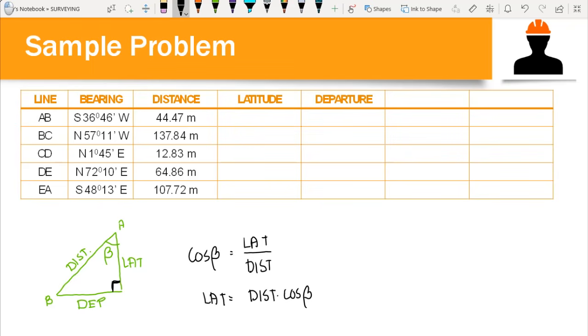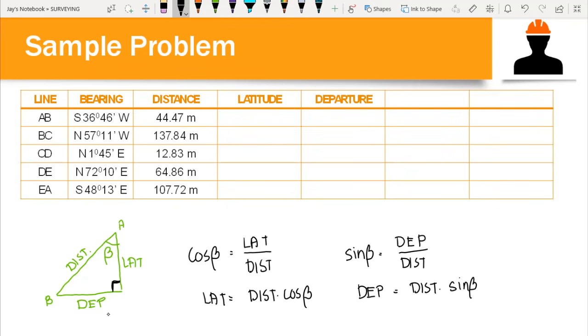For the departure, we can use sine. Sine beta is equal to the opposite, that is the departure, over the hypotenuse, which is the distance, correct? So departure is equal to distance times the sine of the bearing angle.